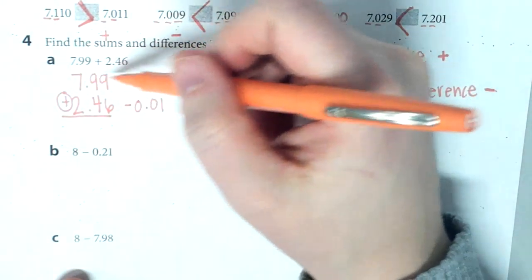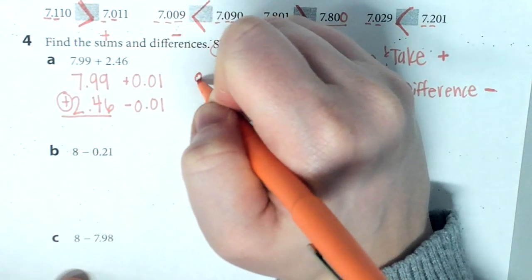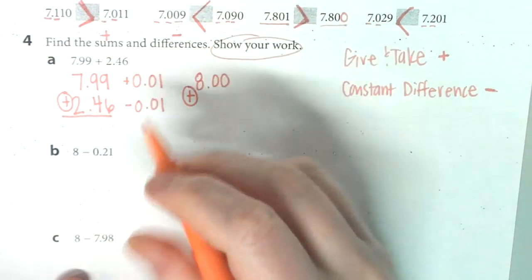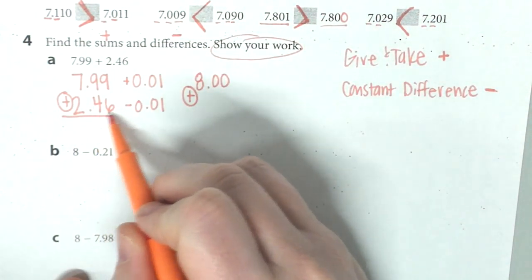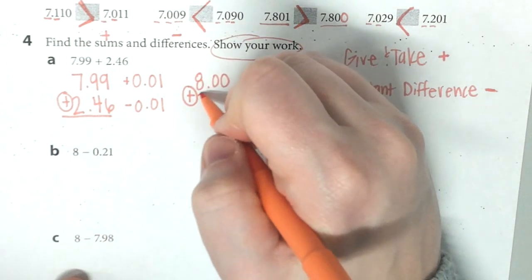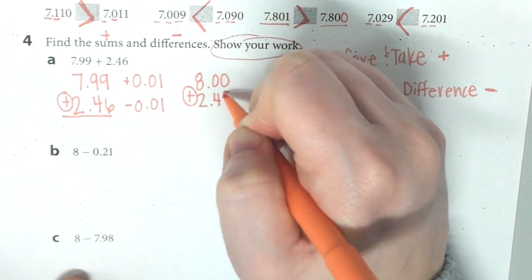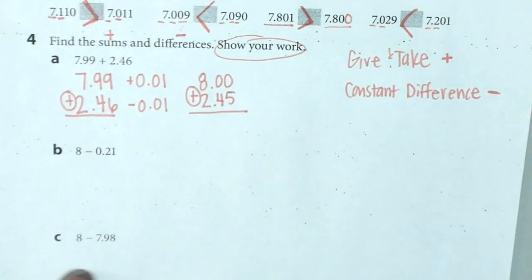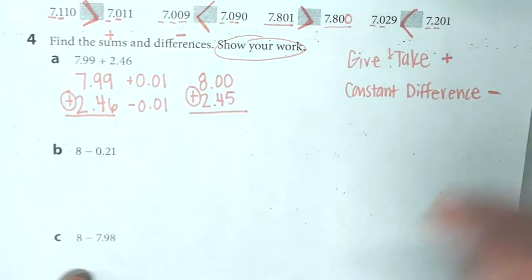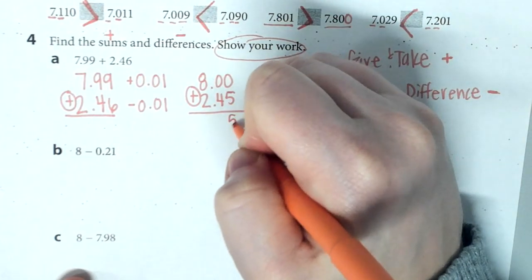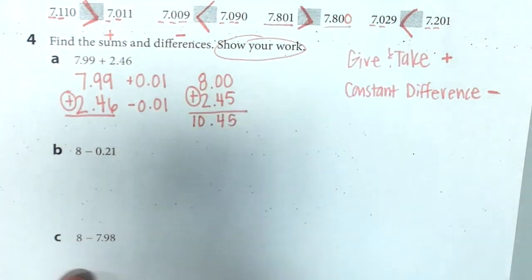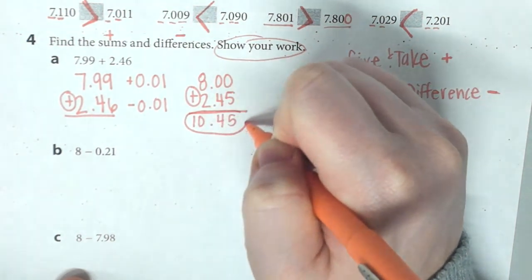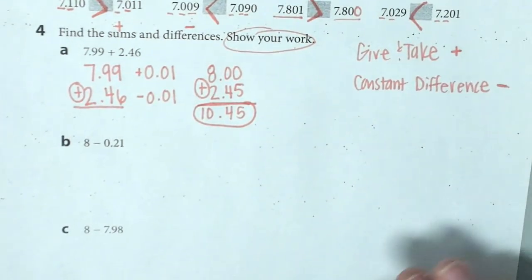My new problem is $8 plus $2.45. Now I can go ahead and add. I get $10.45 or 10 and 45 hundredths. Circle my answer.